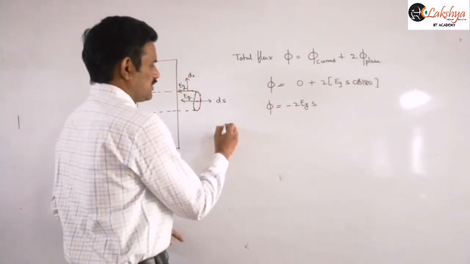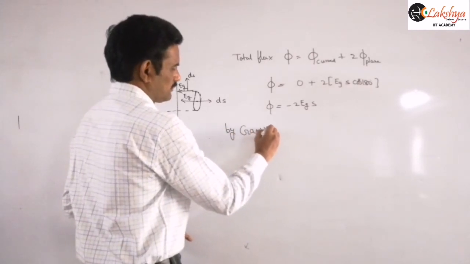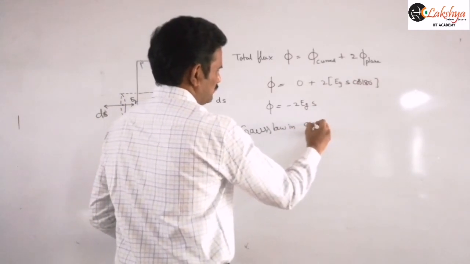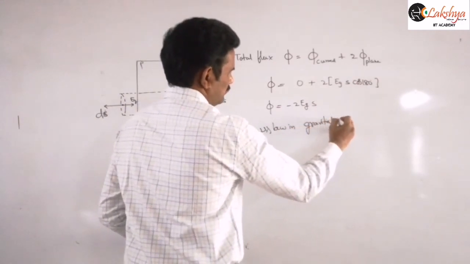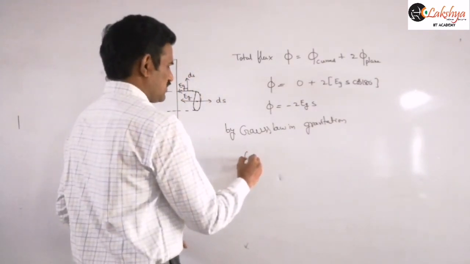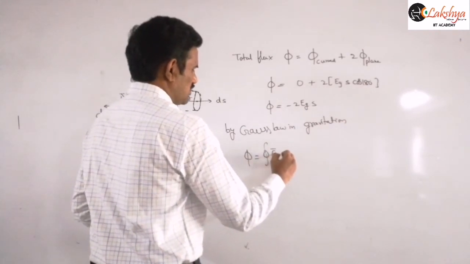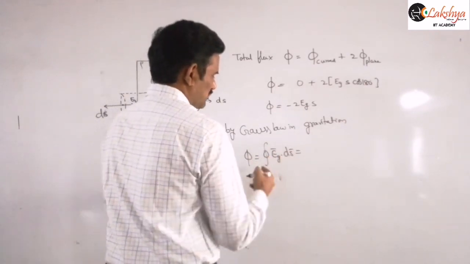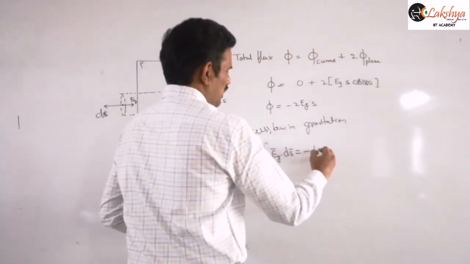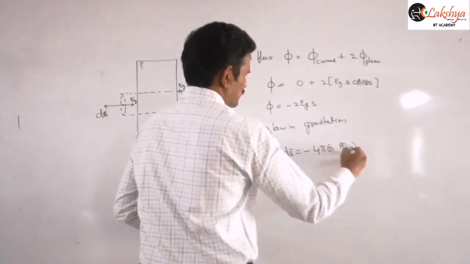Now Gauss law in gravitation. Gauss law in gravitation can be expressed as the integral of Eg bar dot ds bar, which is the total flux we calculated already, equal to minus 4 pi G into the mass enclosed.